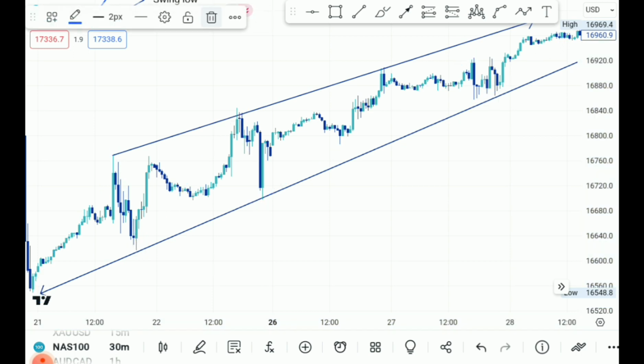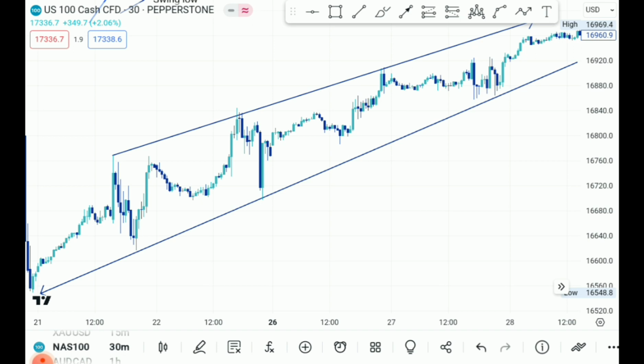I hope guys you now understand how to connect highs and lows. But keep this in mind. Price won't always move this smoothly in a trending market, but this is what you want to reference for what an ideal trend movement looks like.